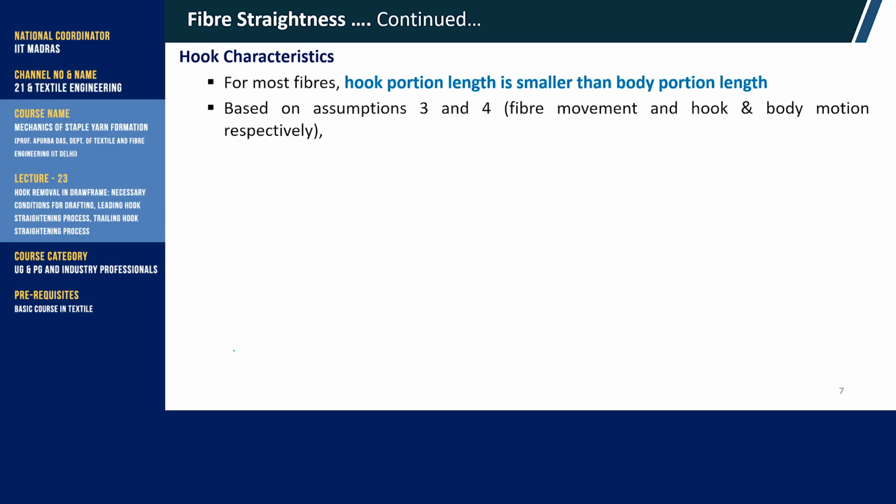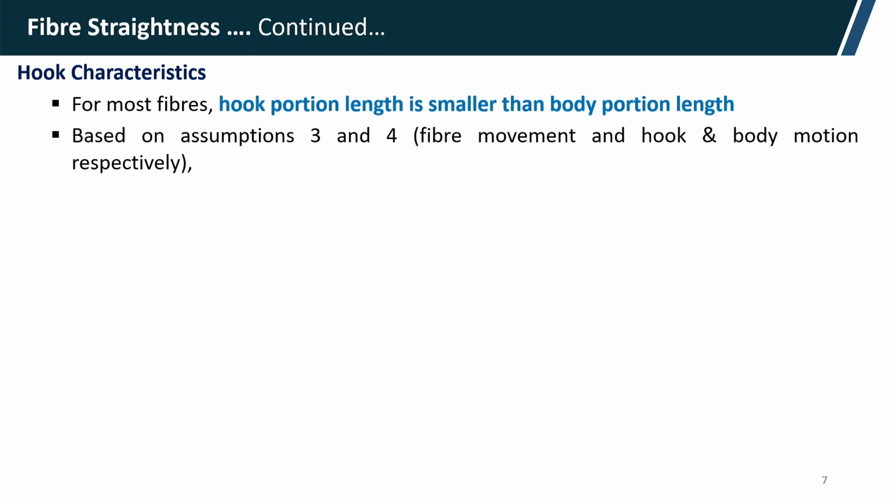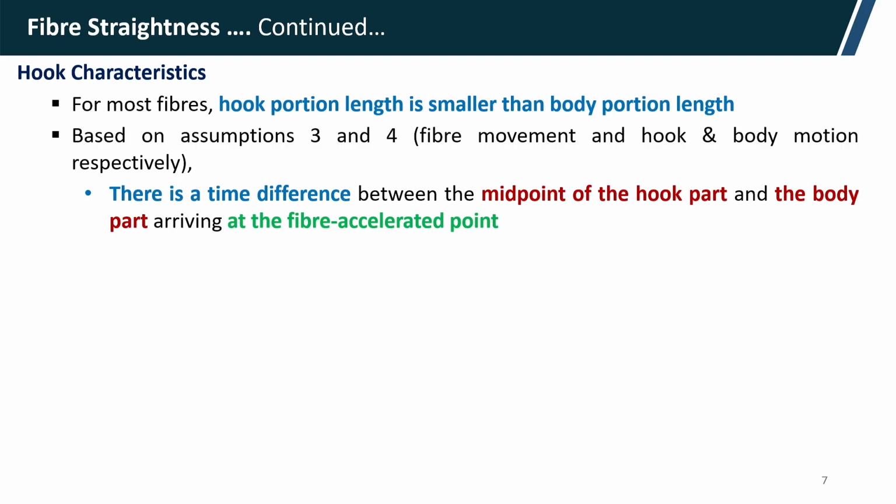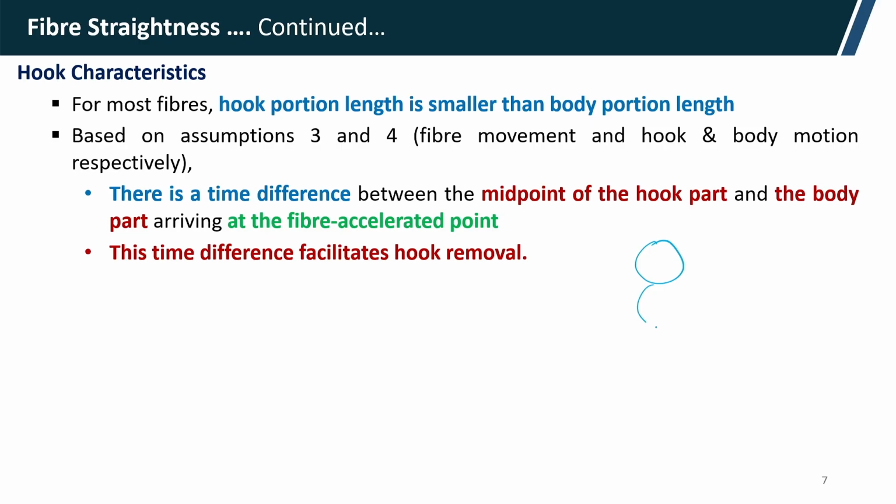Based on assumptions 3 and 4, fiber movement and hook and body motion respectively, there is a time difference between the midpoint of the hook portion and the body part arriving at the fiber accelerating point. So, there will be a difference because this is the front roller, back roller.